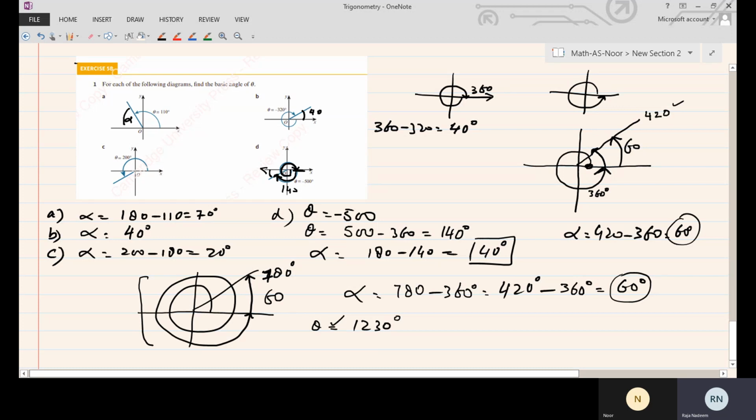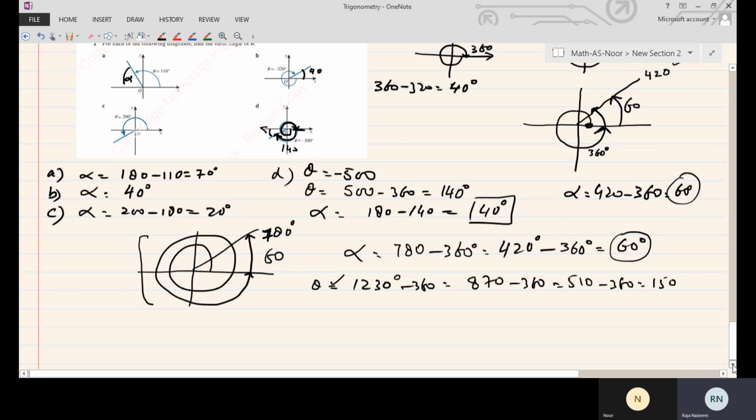Subtract 360 three times. So minus 360, we'll get 870. Again 870 is a bigger number, so again we subtract 360, we'll get 510. Again 510 is a big number, so we subtract 360 again, I'll get 150.